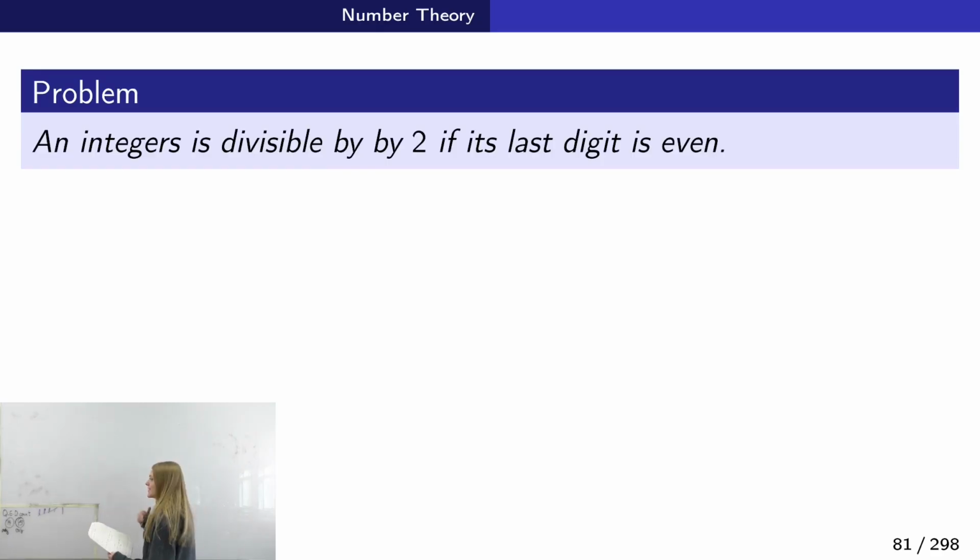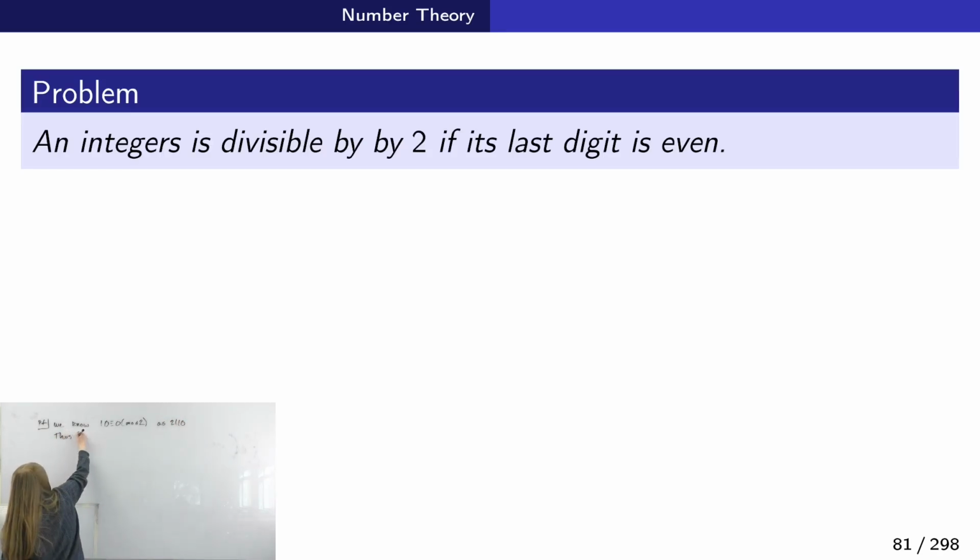An integer is divisible by 2 if its last digit is even. We're going to get quite a few QUDs from this. We know 10 is congruent to 0 mod 2, as 2 divides 10.